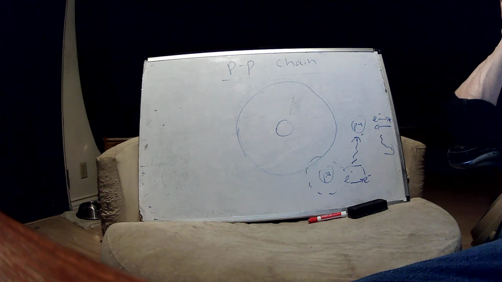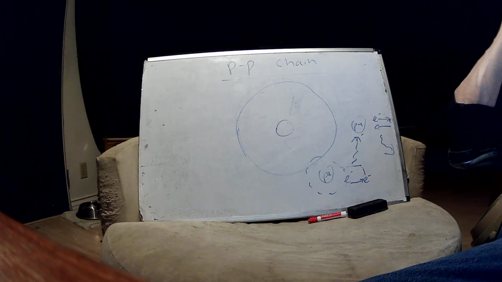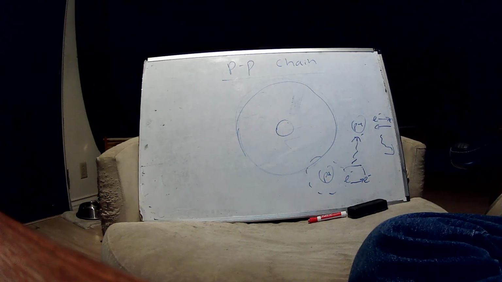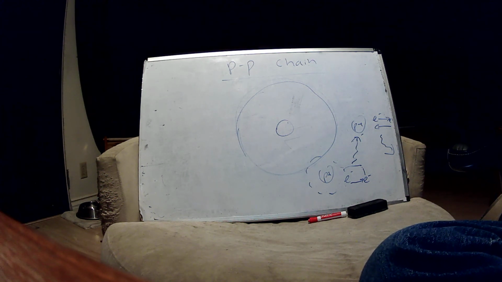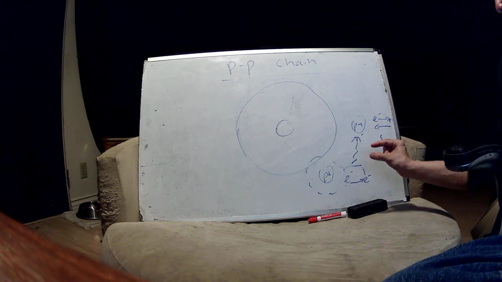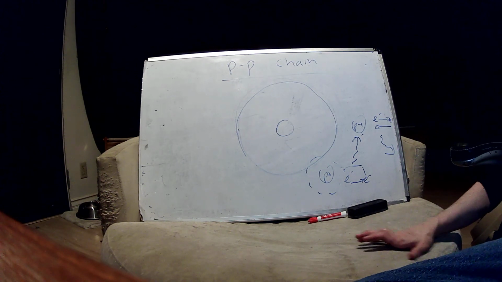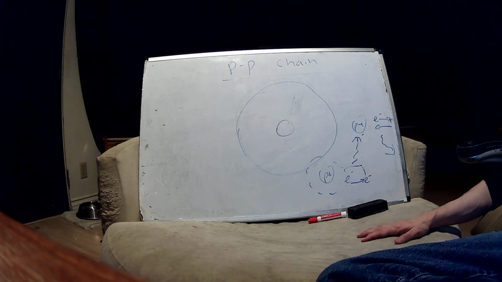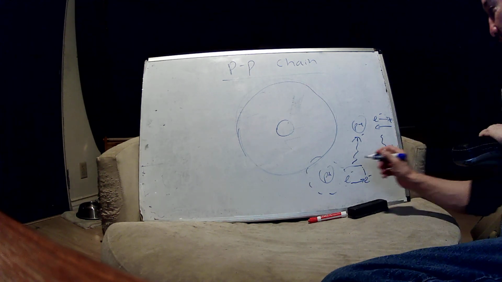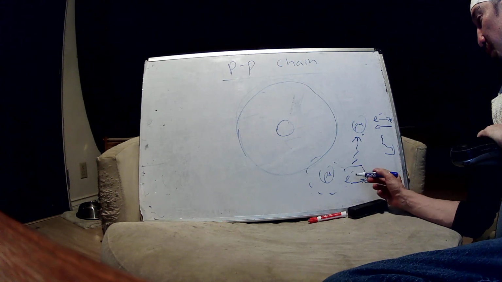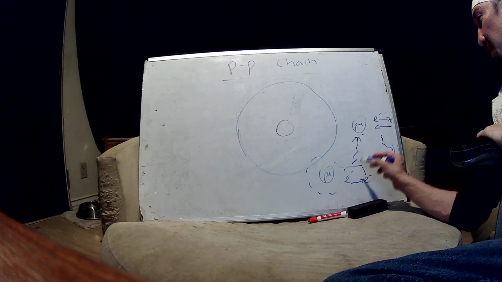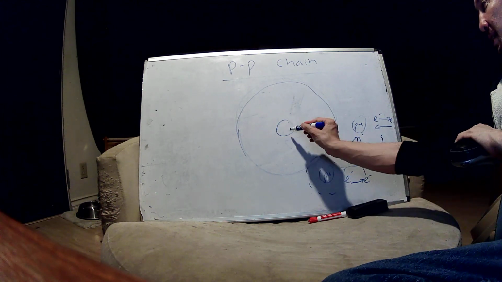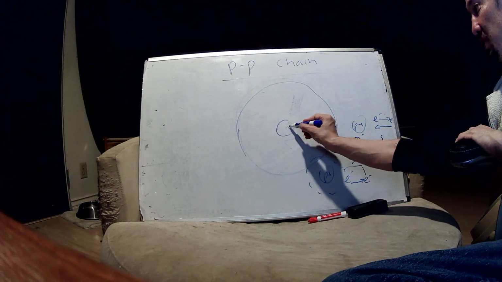Well, it's probably not going to go very far, right? Because the core is, like we said, crazy dense in material. We're talking about hundreds of thousands of kilograms per cubic meter, right? That's a whole lot of hydrogen or helium gas. It's super dense. And so it's going to take a certain amount of time for this energy to get absorbed and re-emitted and absorbed and re-emitted, especially if it's getting randomly redirected.